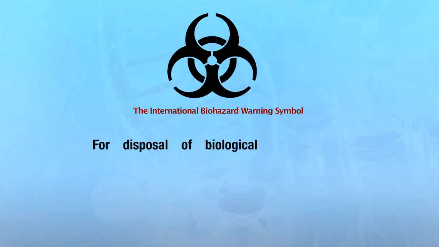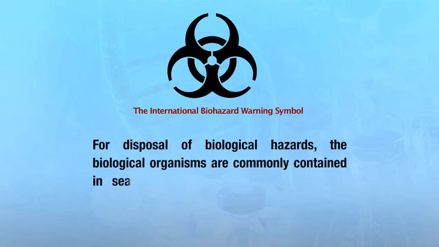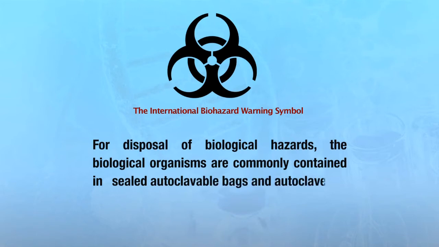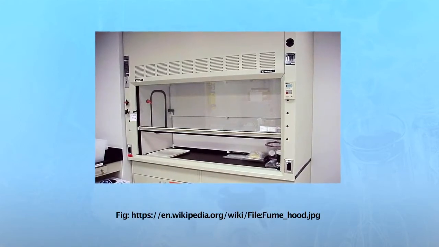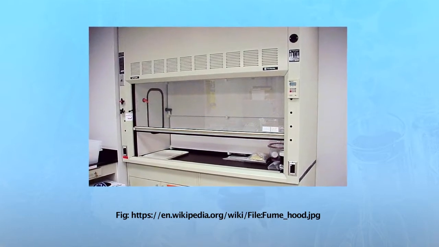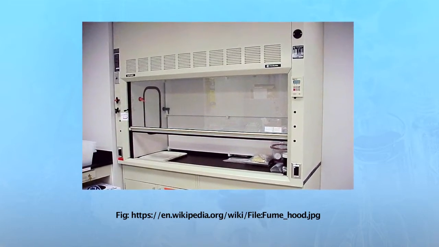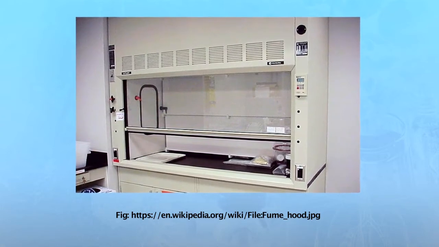For disposal of biological hazards, the biological organisms are commonly contained in sealed autoclavable bags and autoclaved at high temperatures and pressure to kill the organisms completely. While in case of hazardous chemicals, they are usually disposed in disposal containers kept in the fume hood.